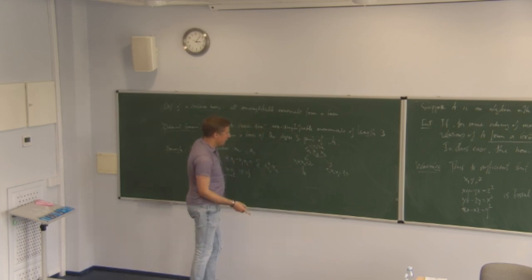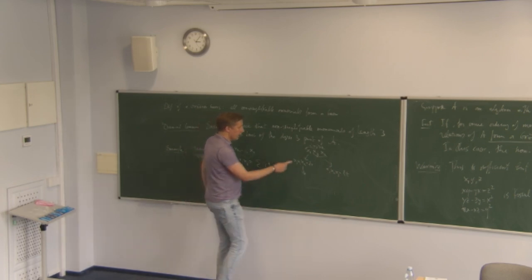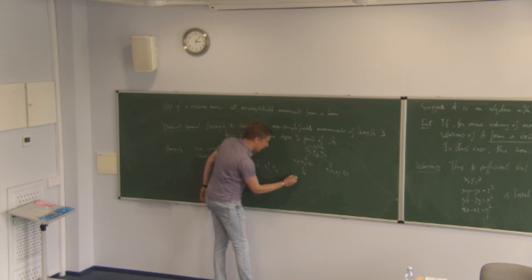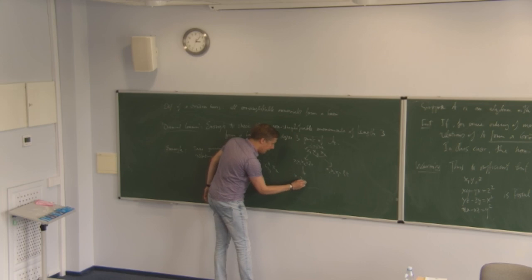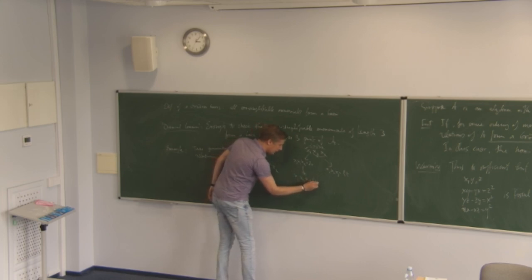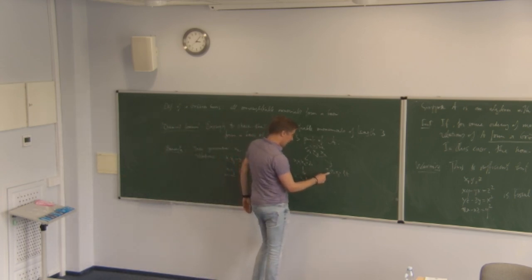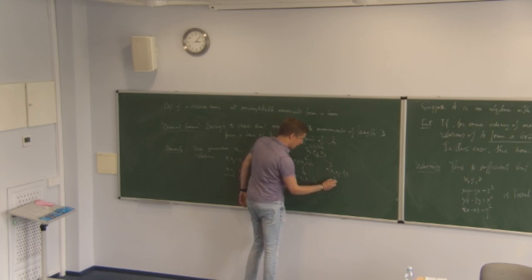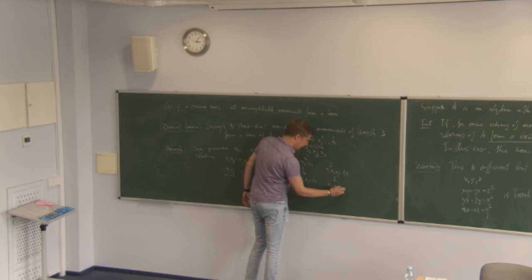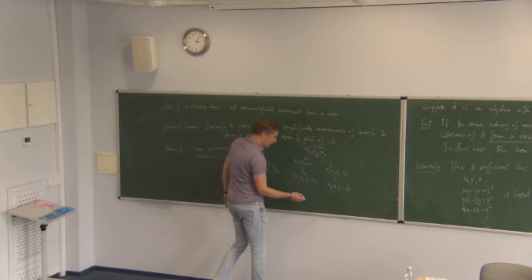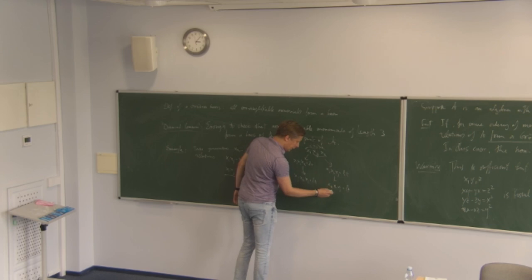What can we do here? I is still bigger than k, so now we can exchange xi and xk, and it will be xj xk xi plus lower terms. And here we have xi and xk, so we can write it as xk xi xj plus lower terms, and now we can exchange xi and xj here.